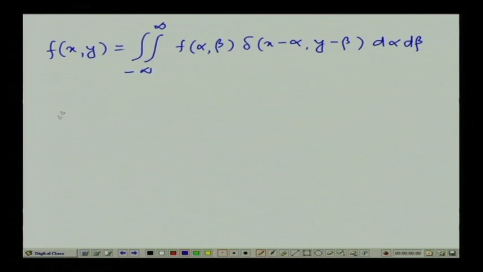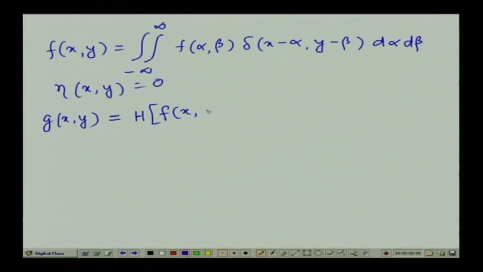Now, for the time being, if we consider the noise term eta x y equal to 0 for simplicity, then we can write the degraded image g x y. We have seen earlier that g x y we have written as h f x y plus eta x y.